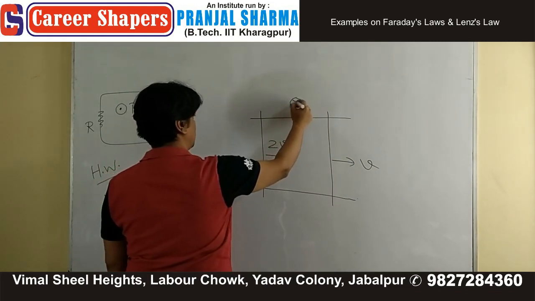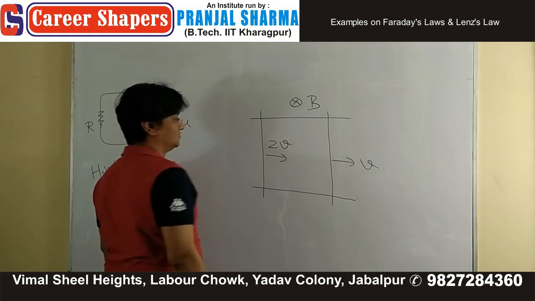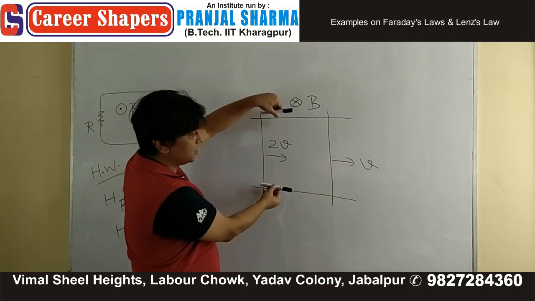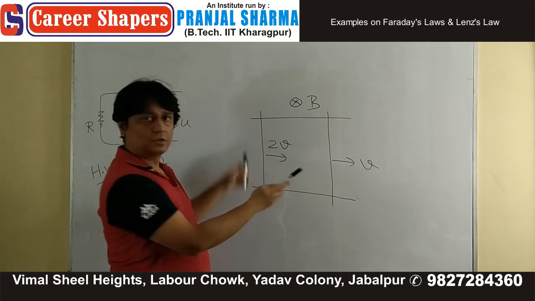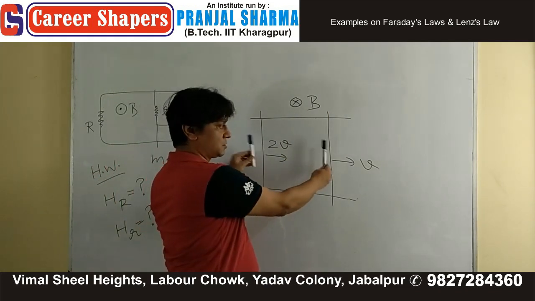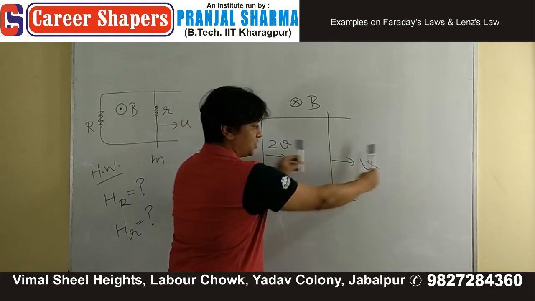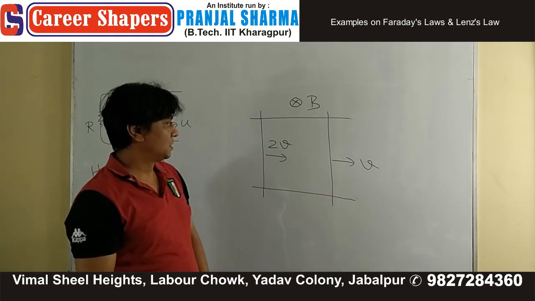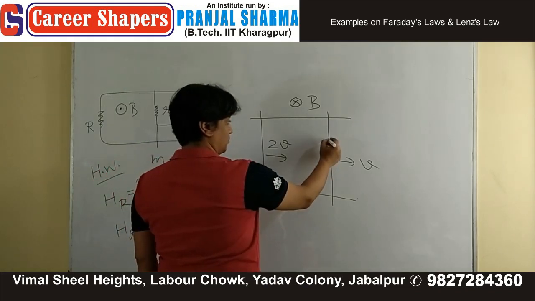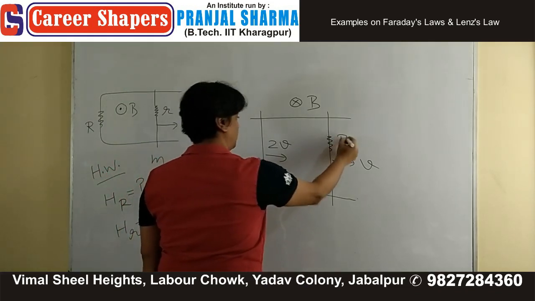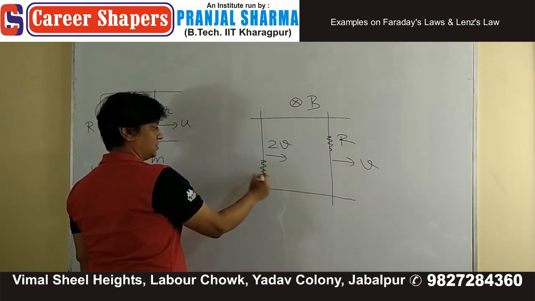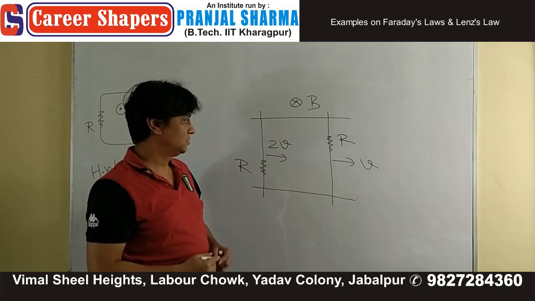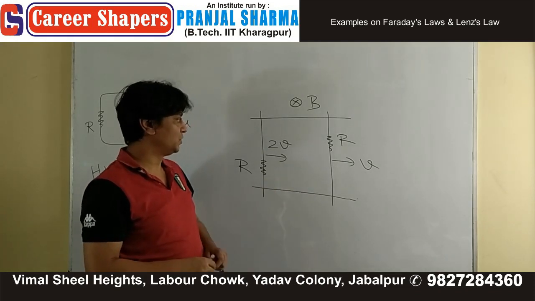Magnetic field is inwards in the entire region. These are two horizontal rails, and on those two horizontal rails there are two rods which are moving with v and 2v. Resistance of both rods is R. You can take the resistance as same, they are identical rods moving with different velocities v and 2v.